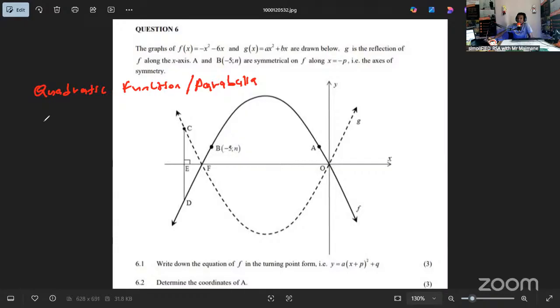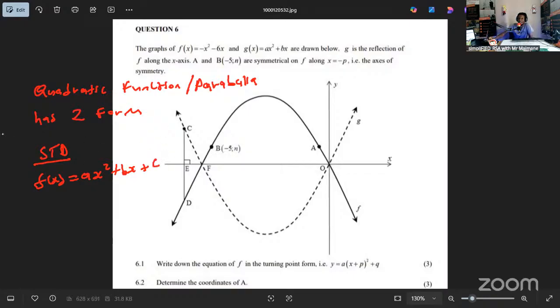It has 2 forms that we can present at our curriculum. So we have the standard, which is the one that we know. f of x is equal to ax squared plus bx plus c.